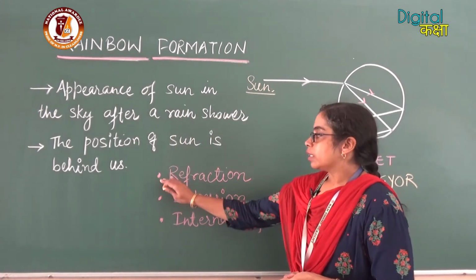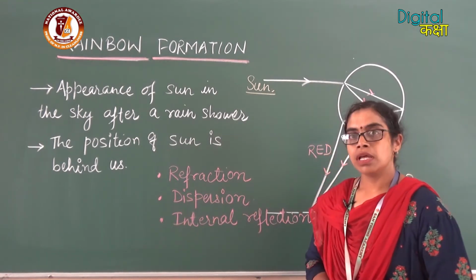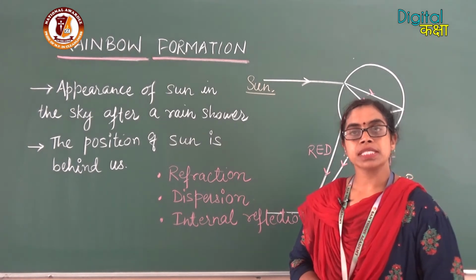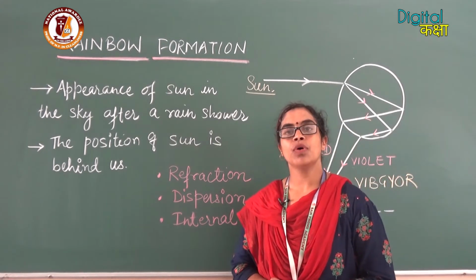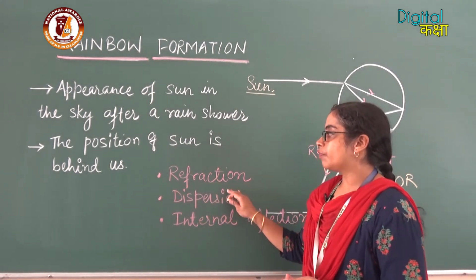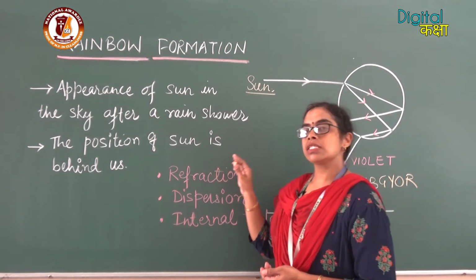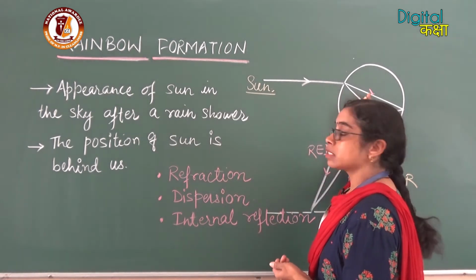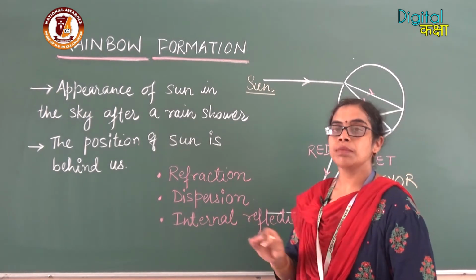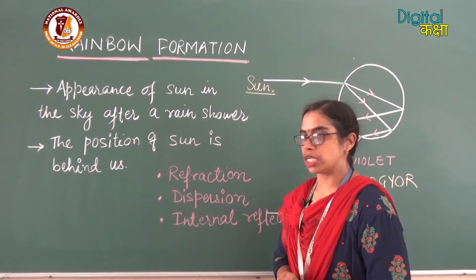Now these are the 3 phenomena which are responsible for, or which take place at the time of, rainbow formation. The first one is refraction of light. When the sunlight enters the water droplet, the medium changes, so the phenomenon taking place there is refraction.